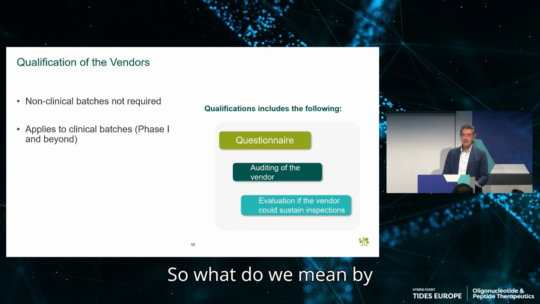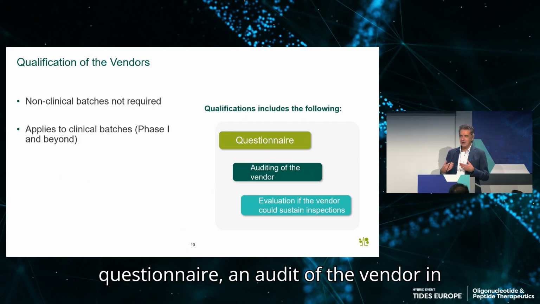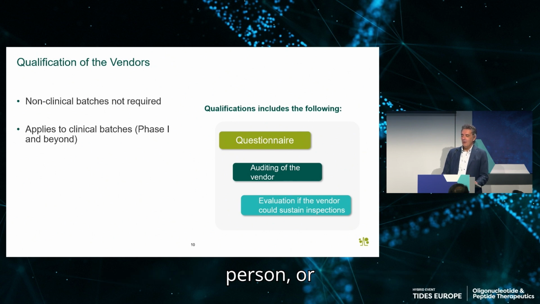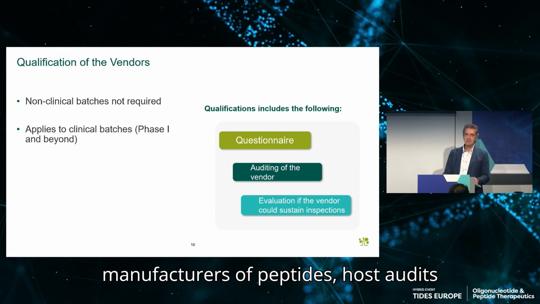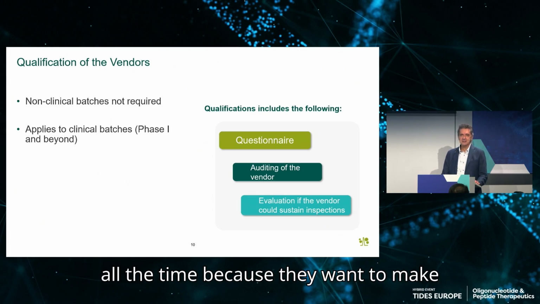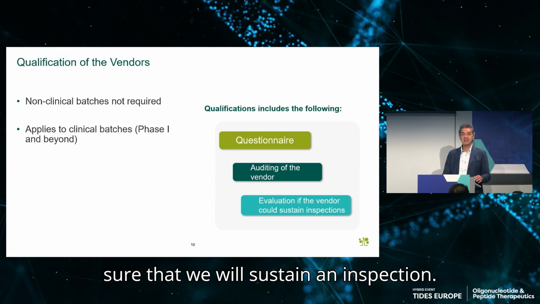So what do we mean by qualification of the vendors? You need to have either a questionnaire, an audit of the vendor in person, or you need to make sure that they could sustain an inspection. We, as manufacturers of peptides, host audits all the time because they want to make sure that we will sustain an inspection.